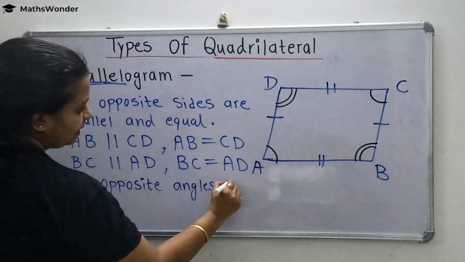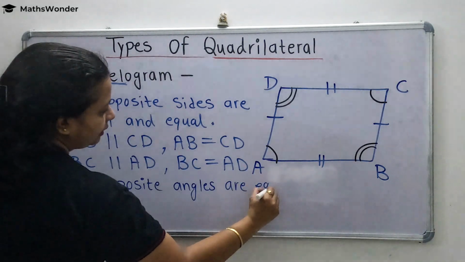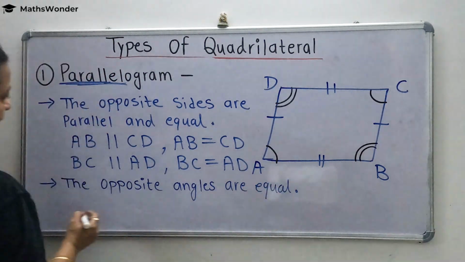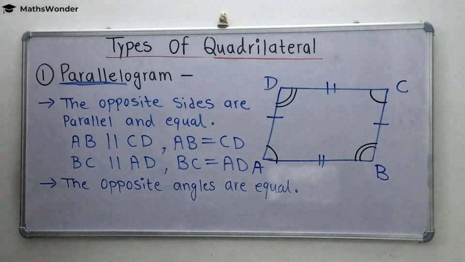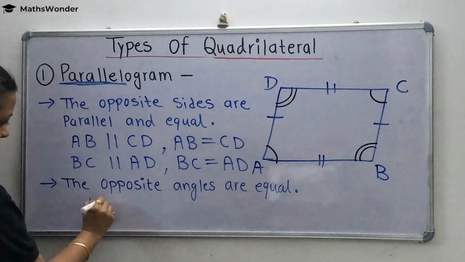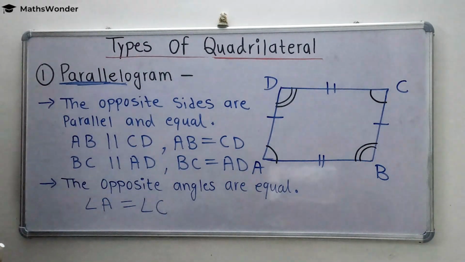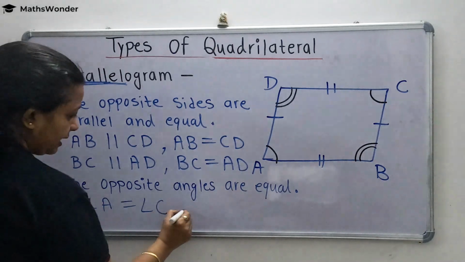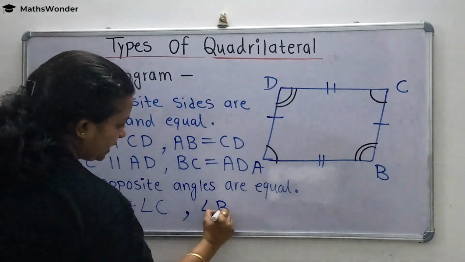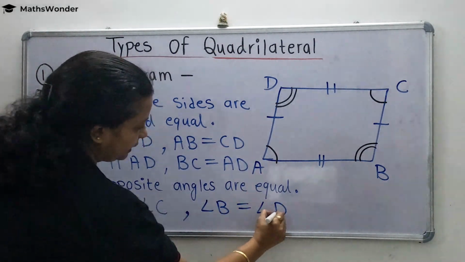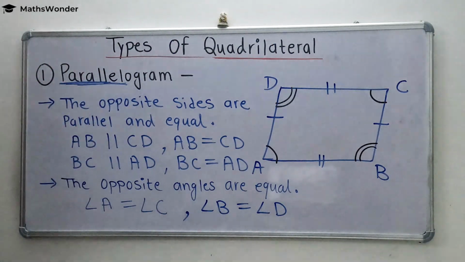The opposite angles are equal. So angle A is equal to angle C and angle B is equal to angle D. We have two pairs of opposite angles.